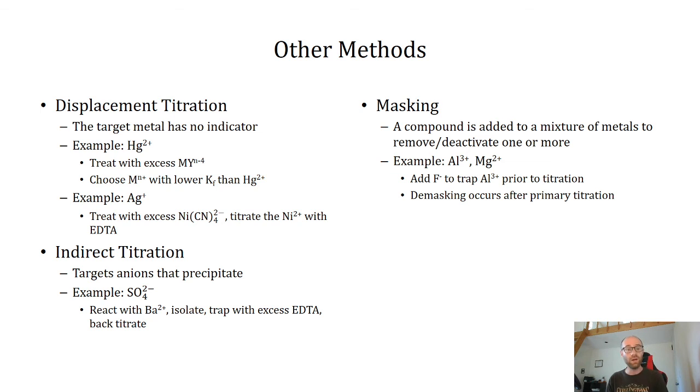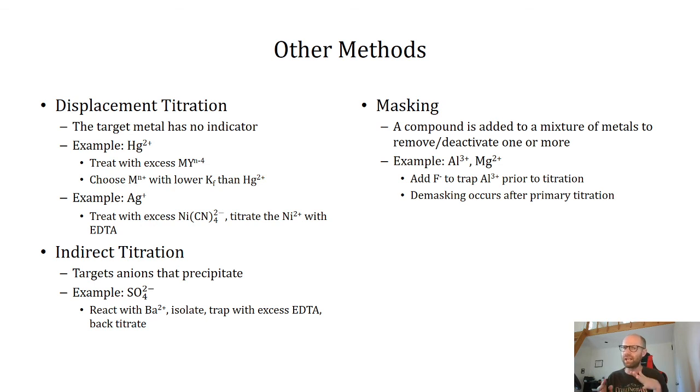You could treat it with a cyanide complex, which silver has a high affinity for, and it will bump out another metal, and then you can analyze the other metal with EDTA. The second example is better, where you're using EDTA to measure the metal that was bumped out instead of the metal you actually want to analyze, and that's why they call it displacement.